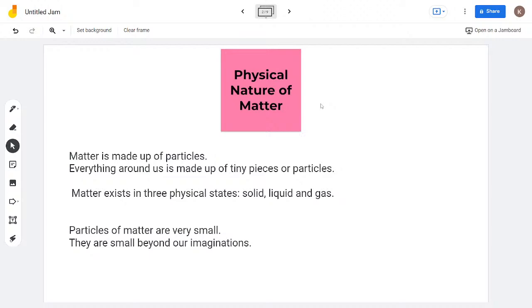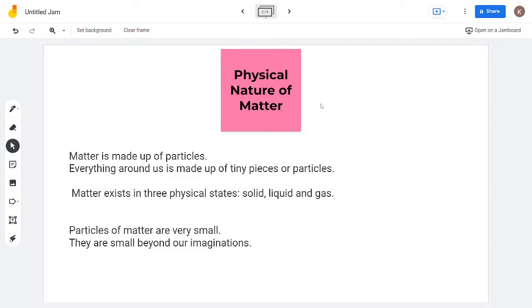There was an experiment performed to decide the nature of matter, whether it is continuous or particulate. They found that matter is made up of particles, and these particles are very small, smaller than we can imagine.